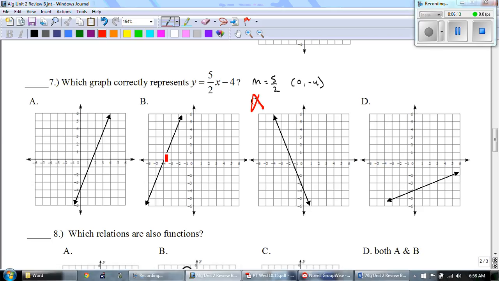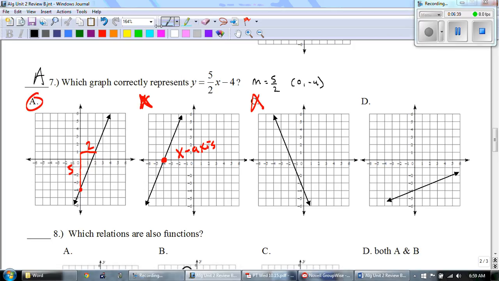At B, they started on the x-axis, and no, we start at the y-axis. Okay, so here we go. We're on the y-axis at -4. 1, 2, 3, 4, 5, 1, 2. So I think we have a winner there, don't you?